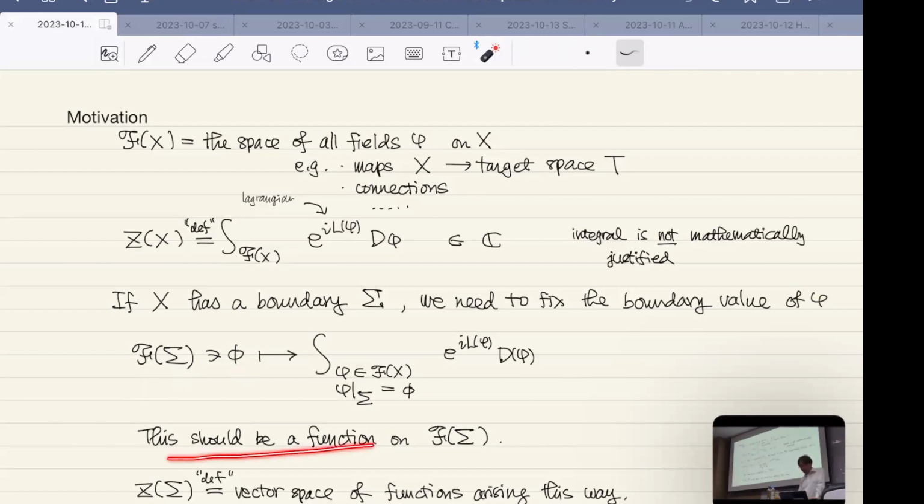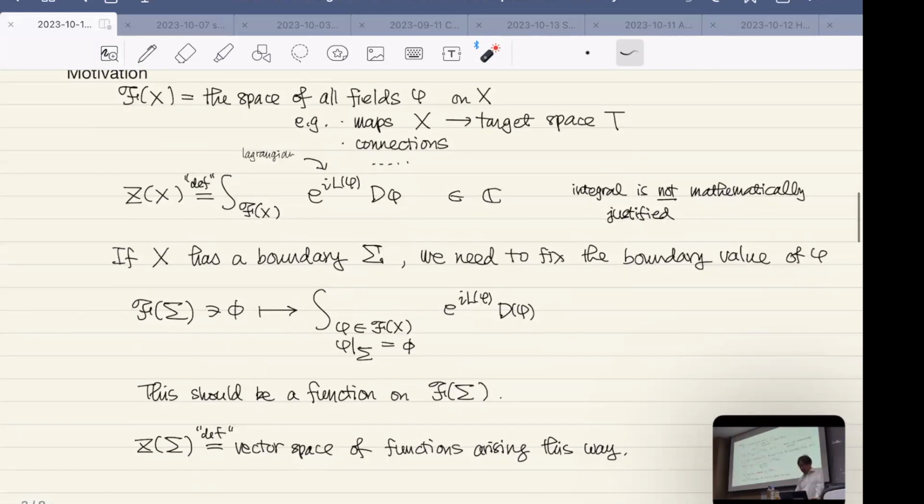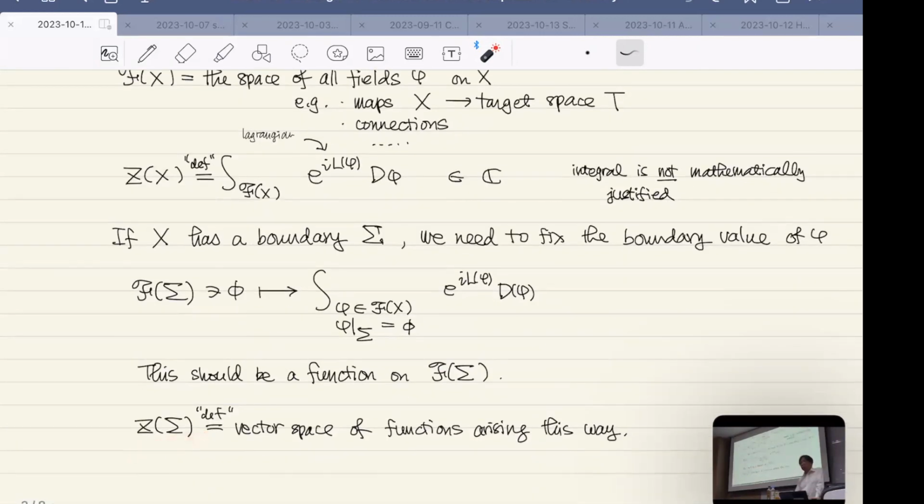Then for a D minus 1 manifold Sigma, we should assign a vector space, defined as the vector space of functions arising in this way. This is how physicists understand it: you use quantum field theory to construct the vector space, find vectors in this vector space, and also complex numbers for closed manifolds.